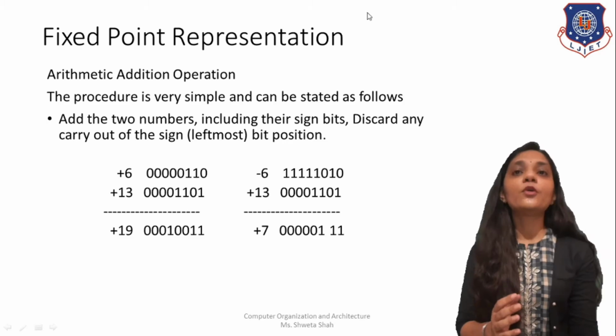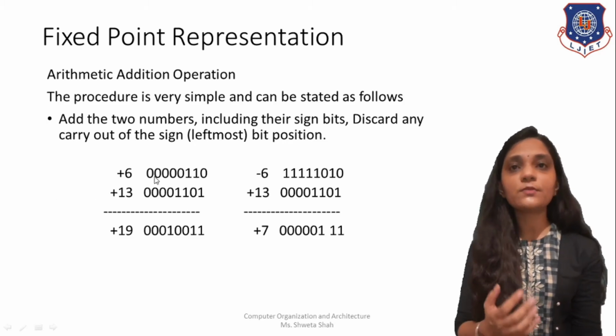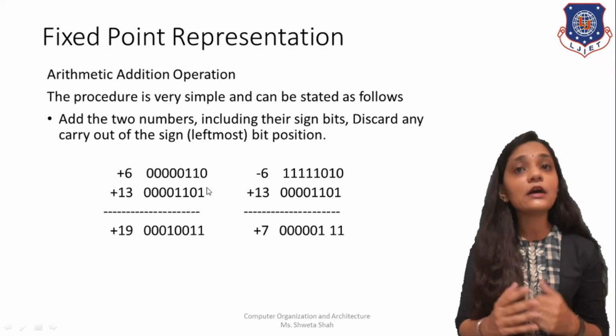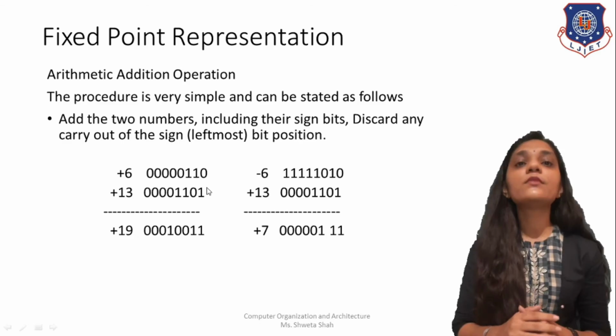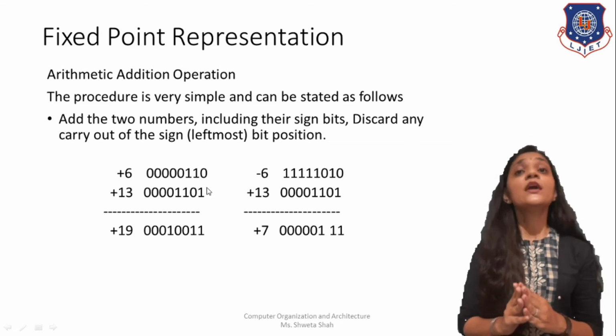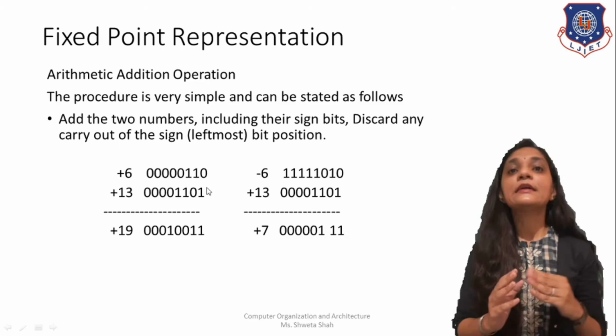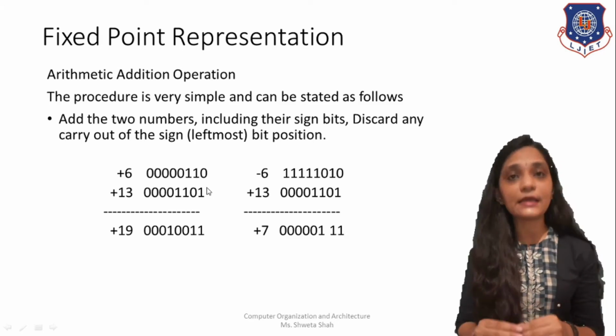For a positive number, we know the sign bit is 0 and the rest of the bits represent the magnitude. For a negative number, you can represent it in 1's complement, 2's complement, or as it is, in magnitude form. But here for simplicity we are going to always use the 2's complement form for negative numbers.